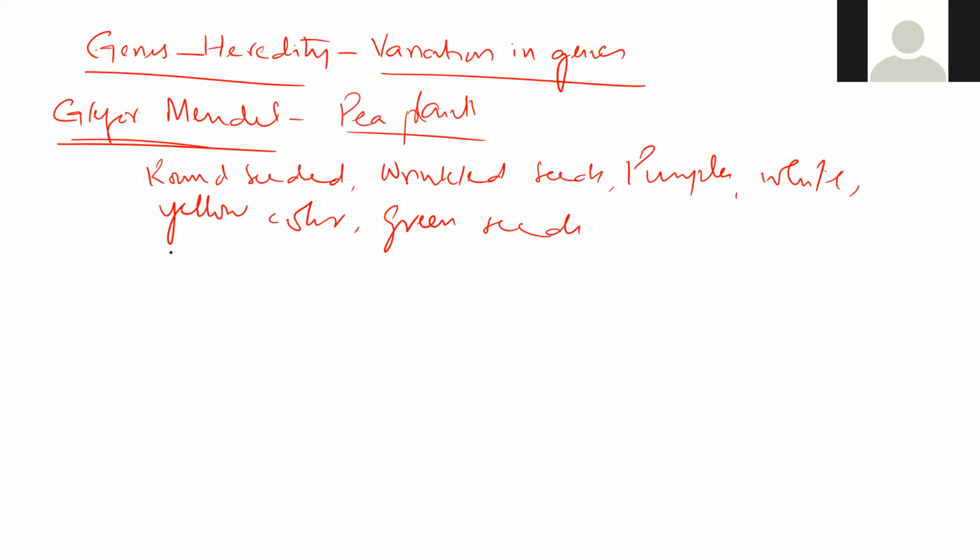So he had these traits which were very clearly different in different plants. And he thought, if I can understand what controls the round shape or green color of seeds or yellow color of seeds, I may come up with an idea about how to improve the wool quality.